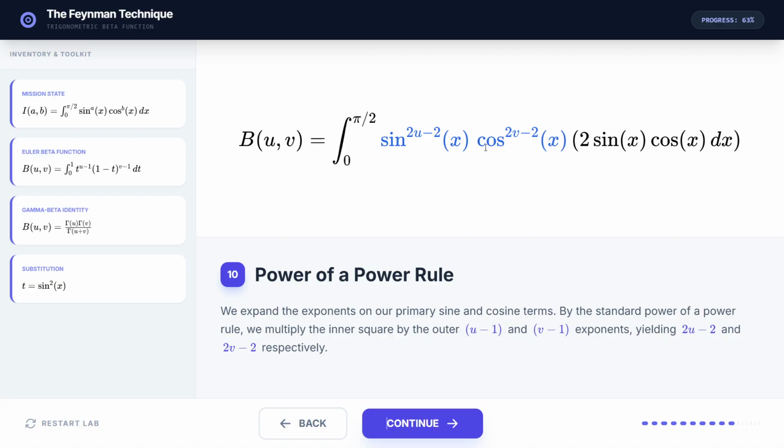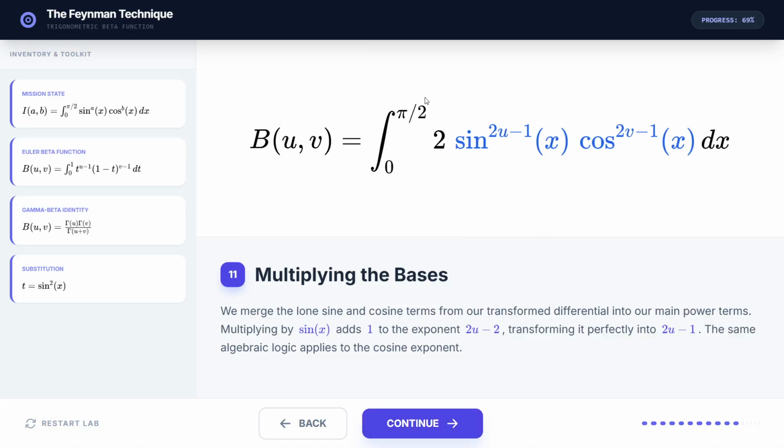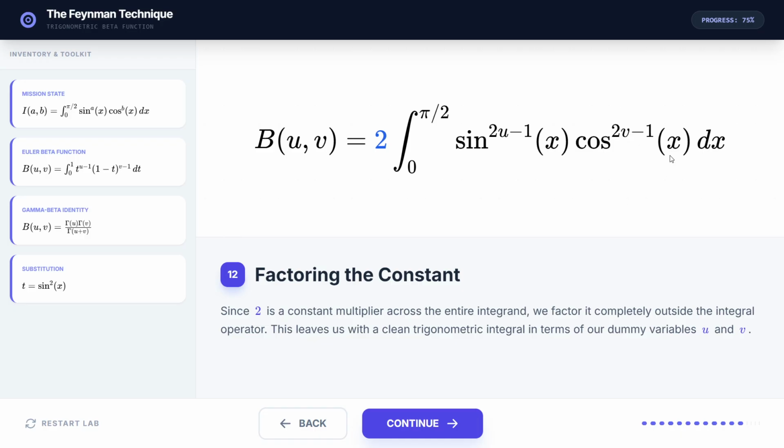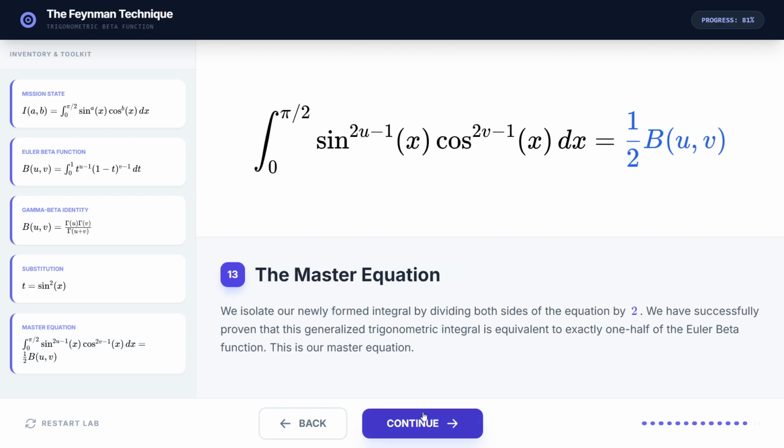Similarly, cosine becomes cosine to the 2v minus 2, and then we have our differential over here. And this will combine to give us this, and then this. All right, so again, we just modified our beta function definition right here.